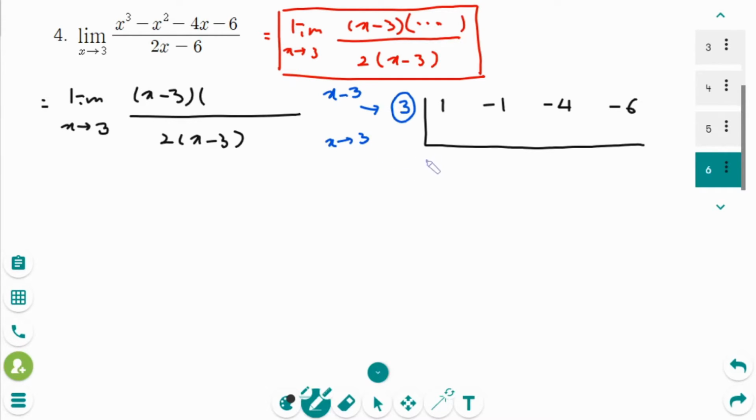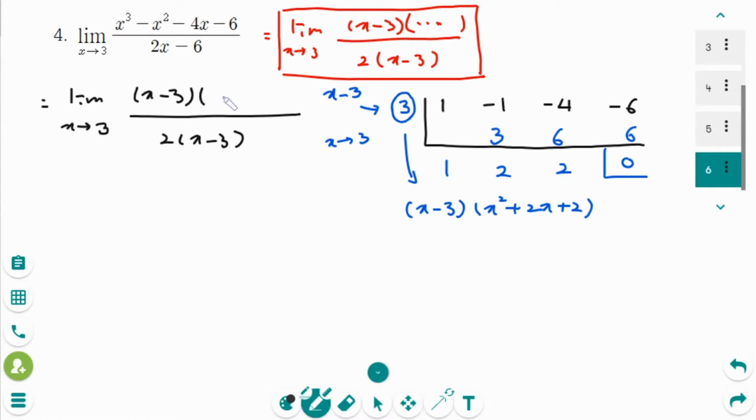And then bring down 1 and times 3 and add, times, add, times, add. This one must be 0. So this is x minus 3, and then that one is 0, 1, 2. So x squared plus 2x plus 2.